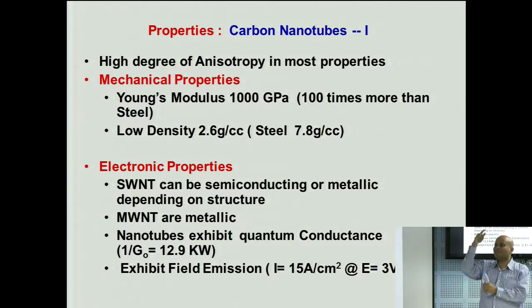So, with a certain field you can generate electrons. The striking point of carbon nanotube is that normally to get electrons out you would have to put several thousand volts, kilovolts. For carbon nanotube, a 9 volt battery is good enough for getting the electrons out.